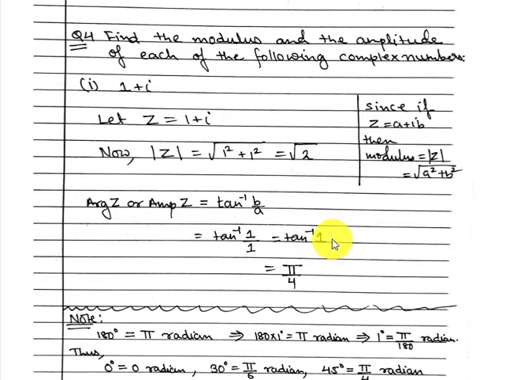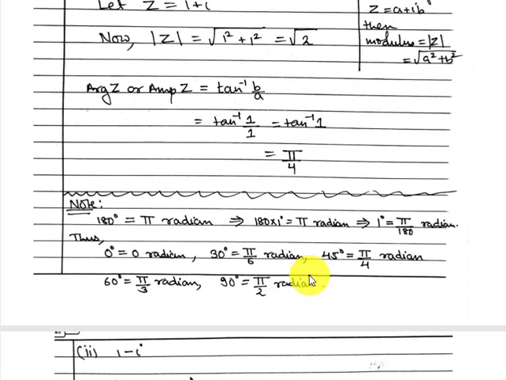You know that tan 45 is 1. So the answer will be 45 degrees, but here we will not write the angle in terms of degrees, we will write it in terms of radians. So it is pi by 4.